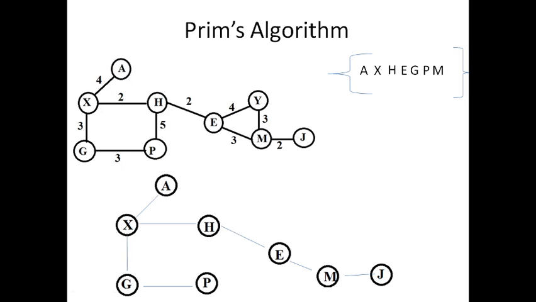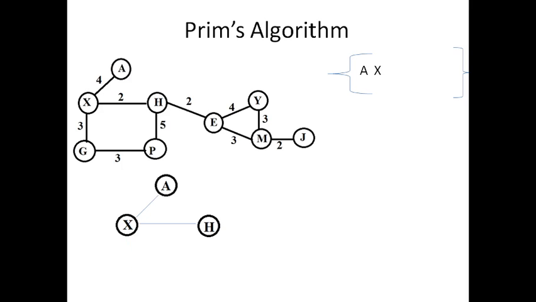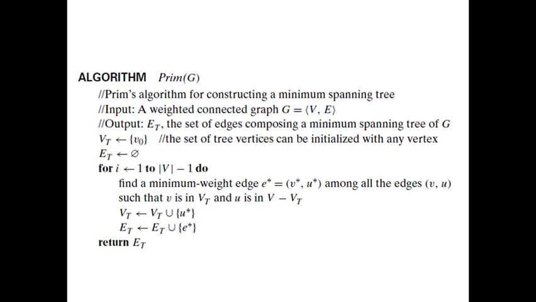If you now look at the algorithm which is given in the previous slide, VT is the set of vertices that is initialized with any vertex. So you are choosing V0 as the first vertex to start from, and then you have to find the minimum edge between V and U, such that V is in Vt and U is in V minus Vt.